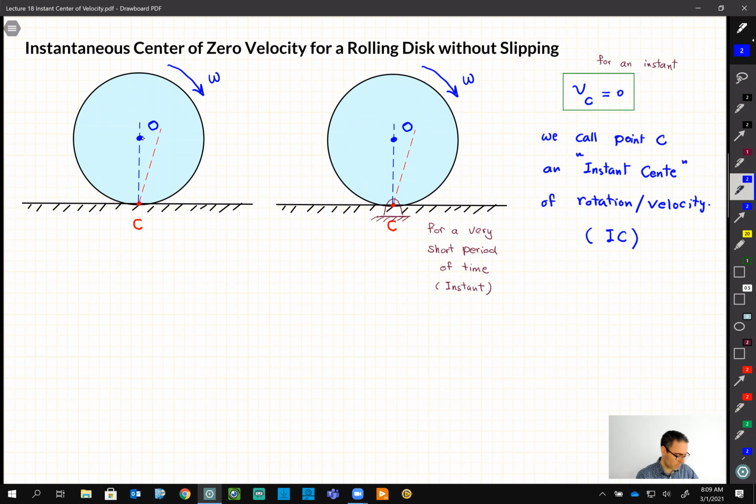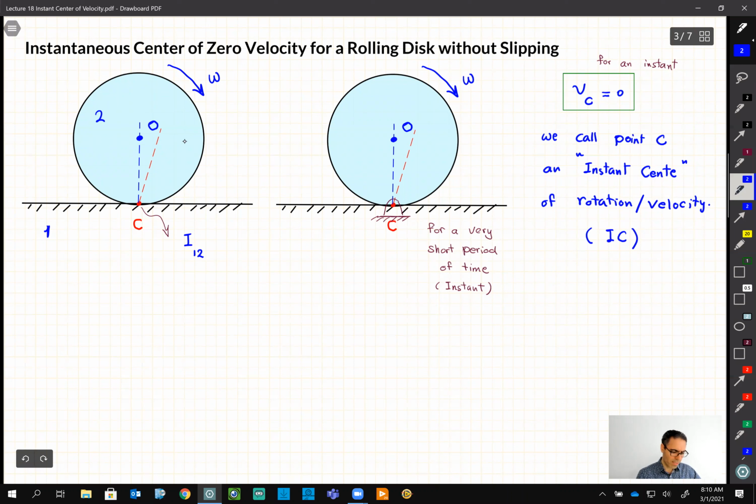And sometimes if we call ground 1 and we call this disk 2, people show this point C as an I1,2. Okay, different forms that people show. I1,2 means an instant center between member 1 and member 2, which here member 1 is ground, member 2 is the disk.